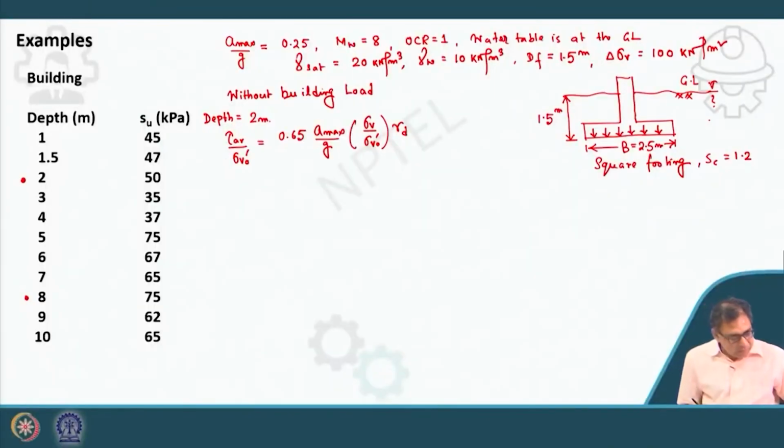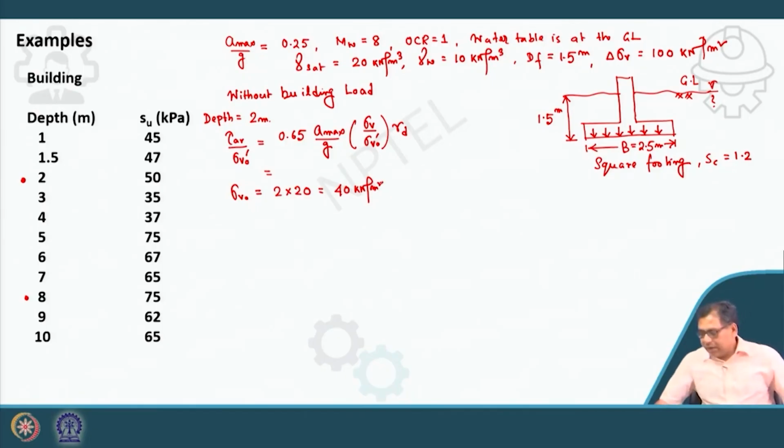Now sigma v 0 is the total stress, and the water table is at the ground level, so it will be 2 into 20, that is 40 kilonewton per meter square.